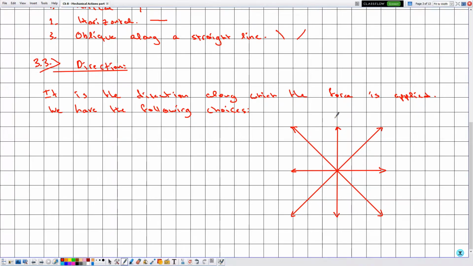So let me say that this is U, this is UR, R, DR, D, DL, L, and UL. And here on the other side, let me say what does each direction represent. Then U is for upward.